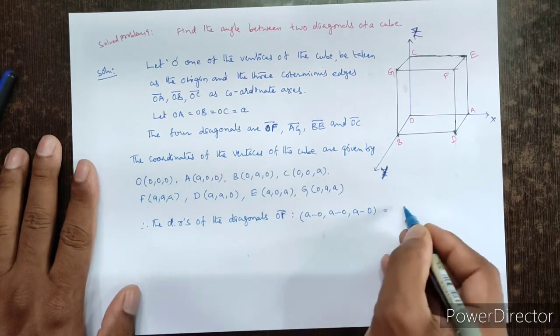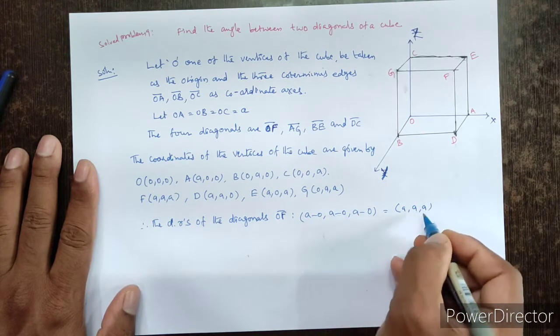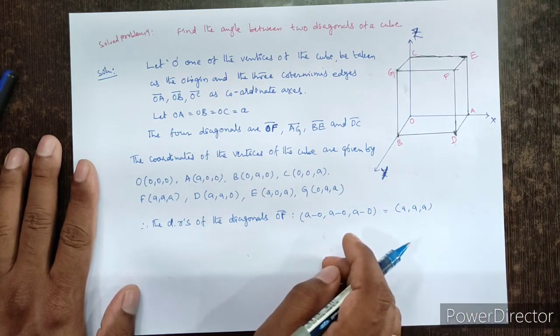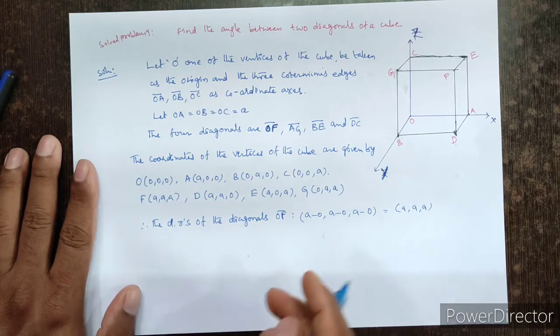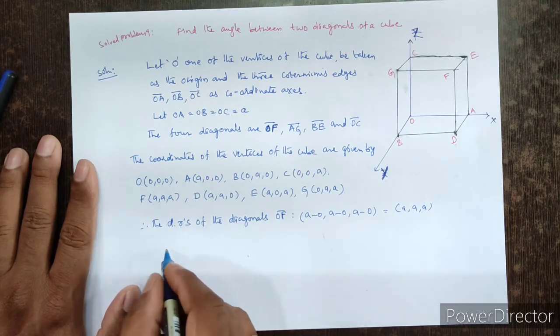So a, a, a are the direction ratios of diagonal OF.